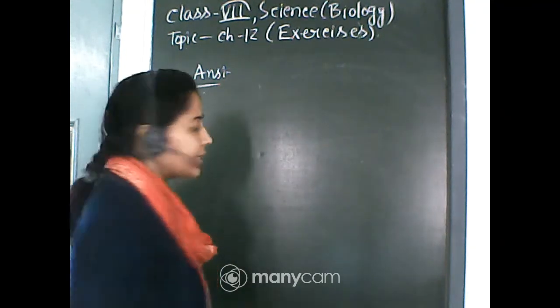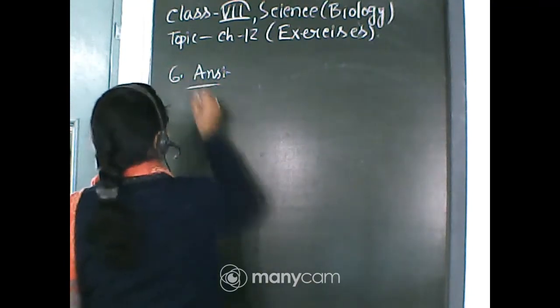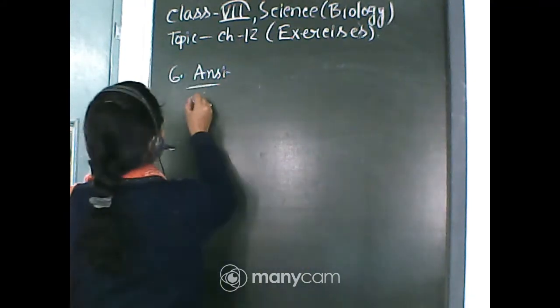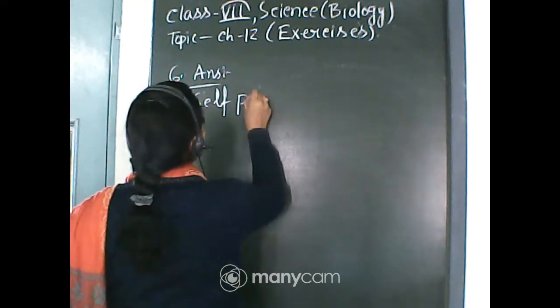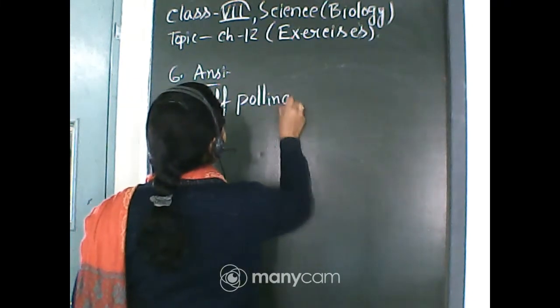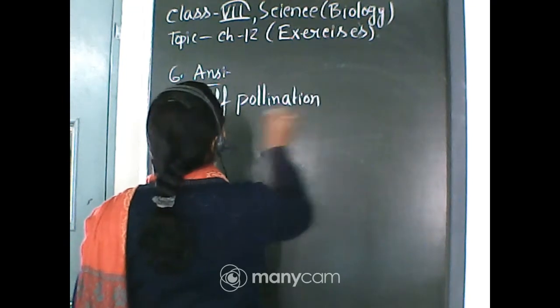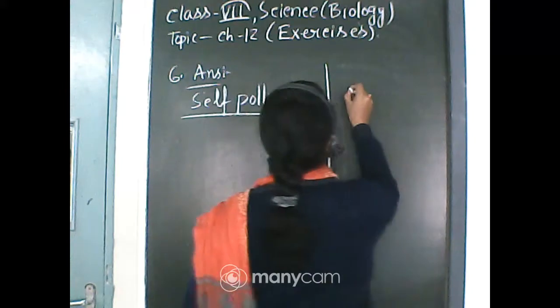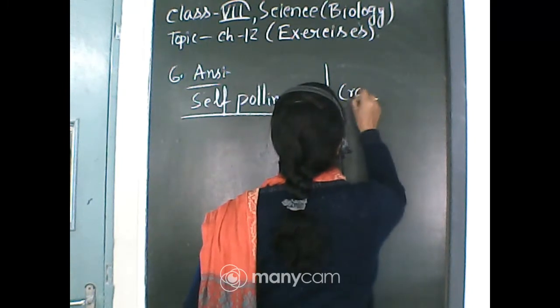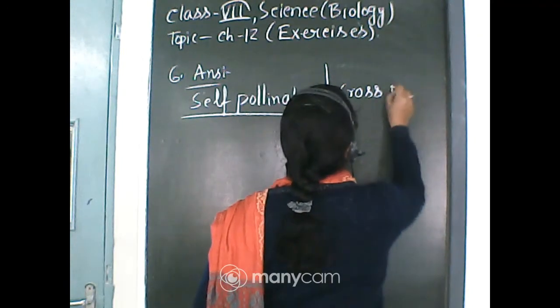Question number 6: self pollination on one side, and in another portion, cross pollination.